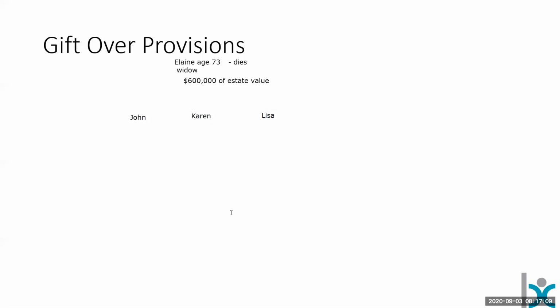Those are her 3 kids. Okay. Everybody's with me here? Now, as it happens, her intention here, she named each of the 3 as residual beneficiaries. And she was planning to leave them 1/3 each.